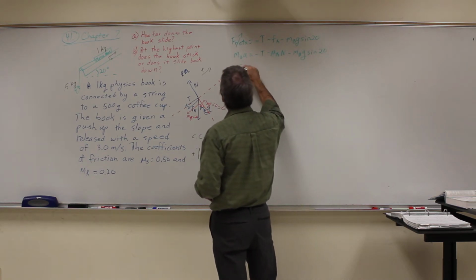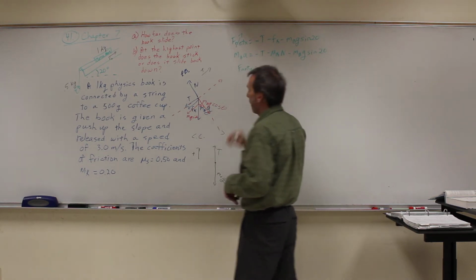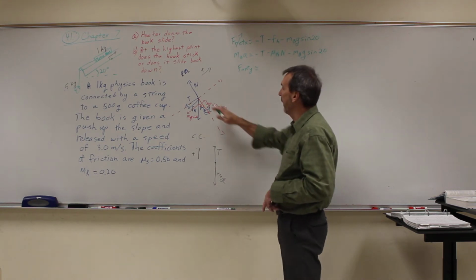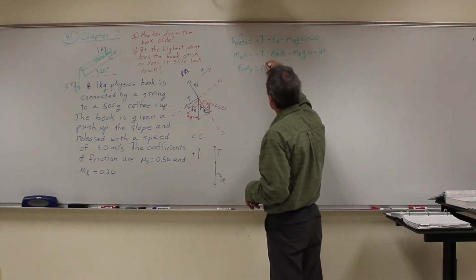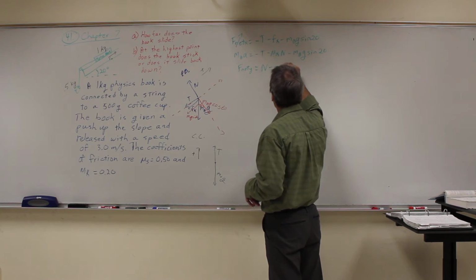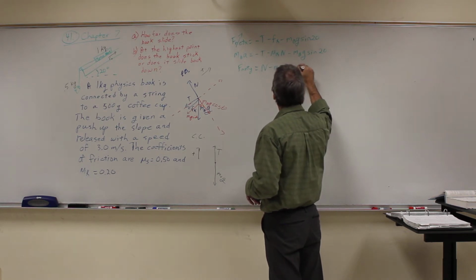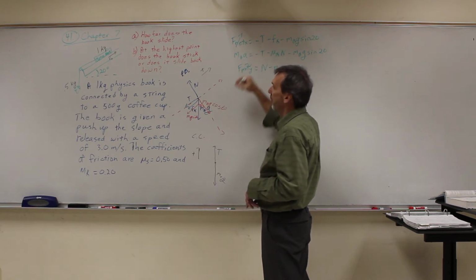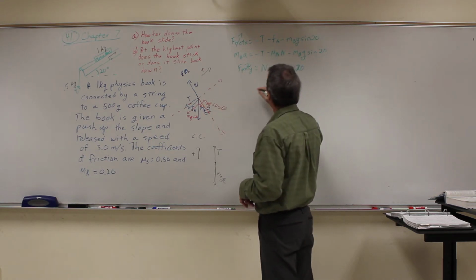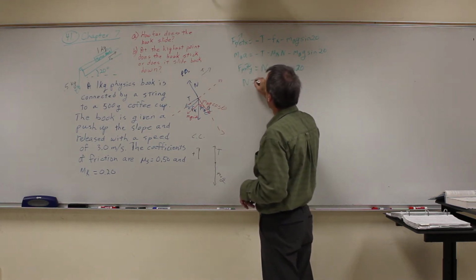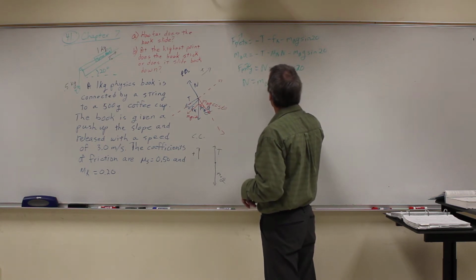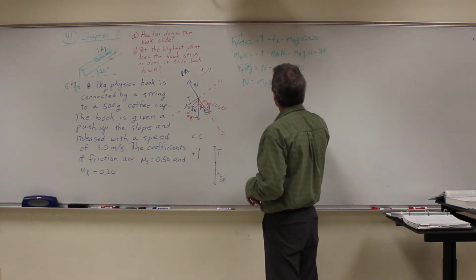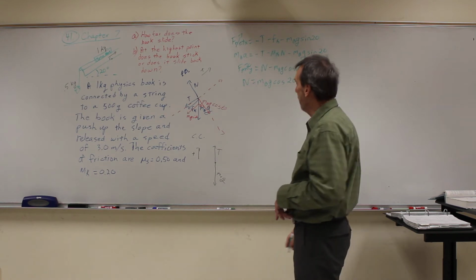Now to get the normal force, we have to do F net y. So F net y, we have the normal force minus m_b g cosine of 20. That's equal to 0 because it's not flying off of the inclined plane, so we can say the normal force is equal to m_b g cosine 20. Okay.